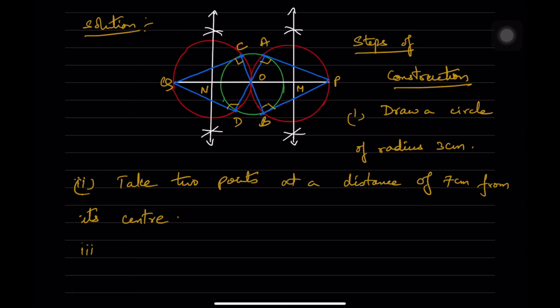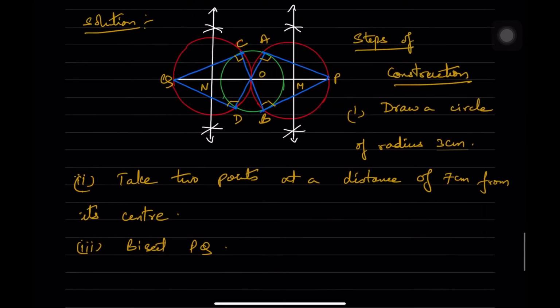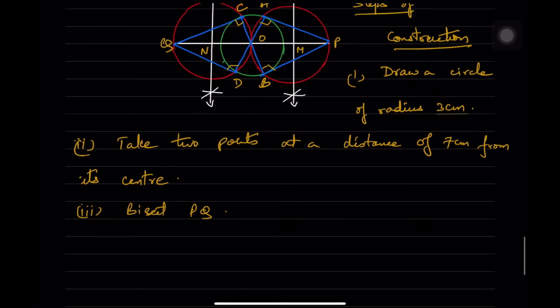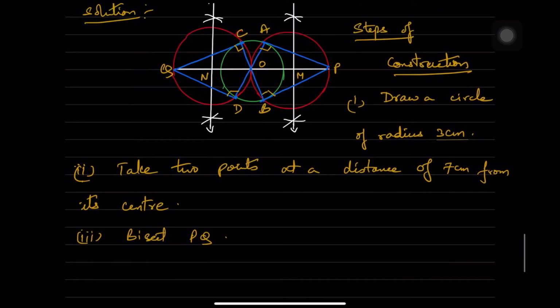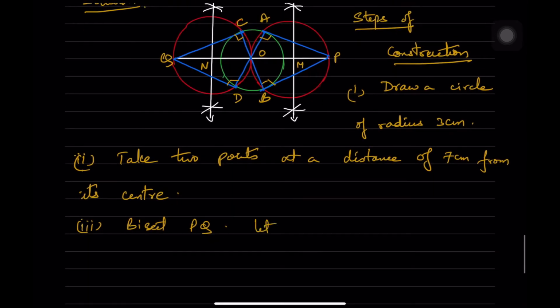Then third one, bisect PQ. You're bisecting PQ means O is the midpoint.